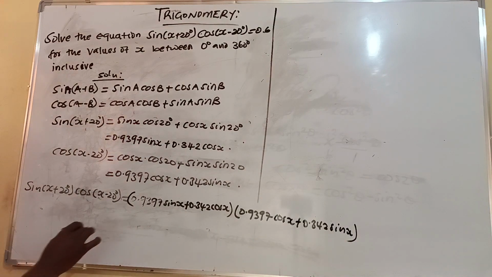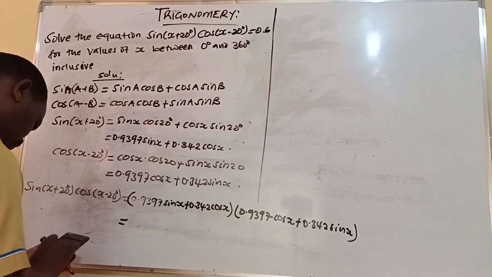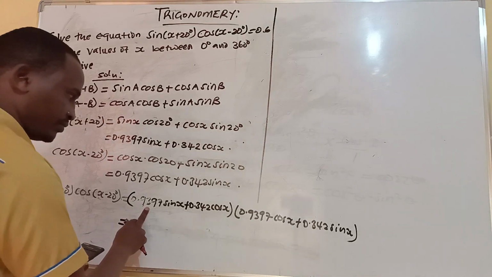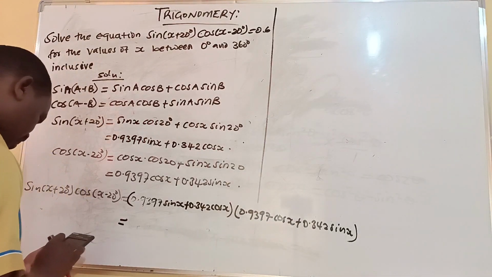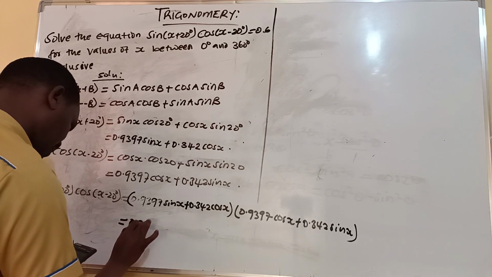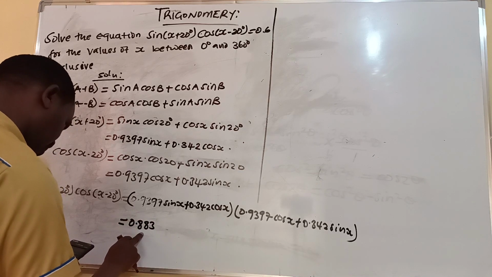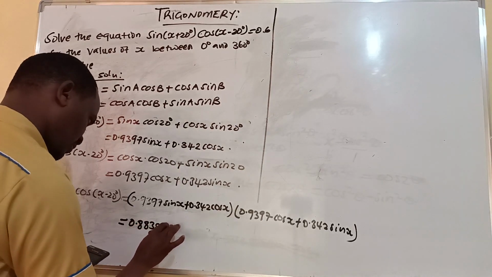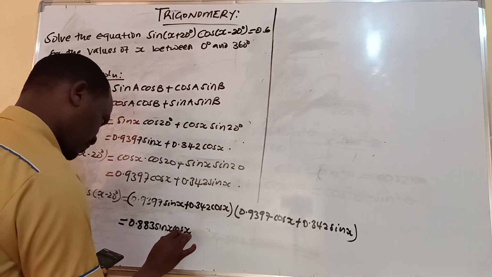If you multiply these, we have 0.883 sin x cos x.